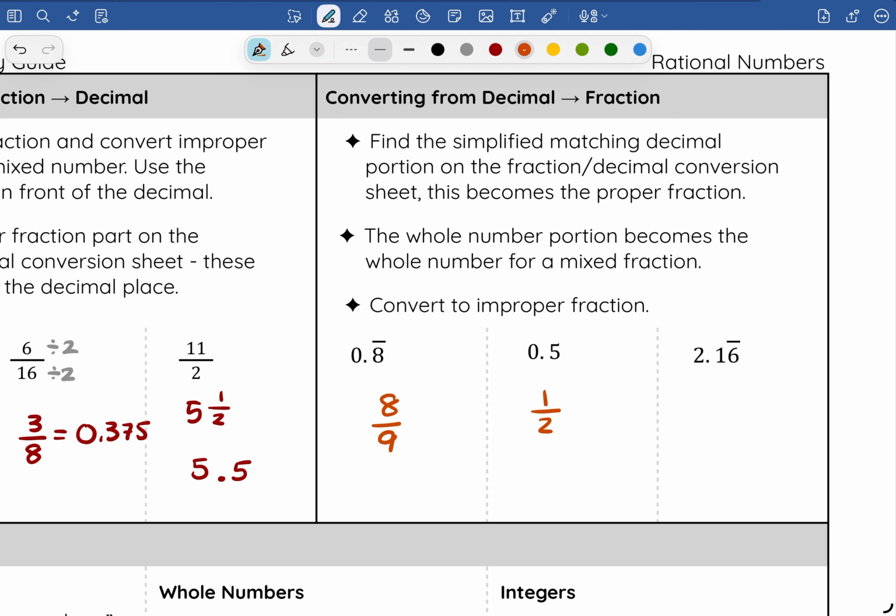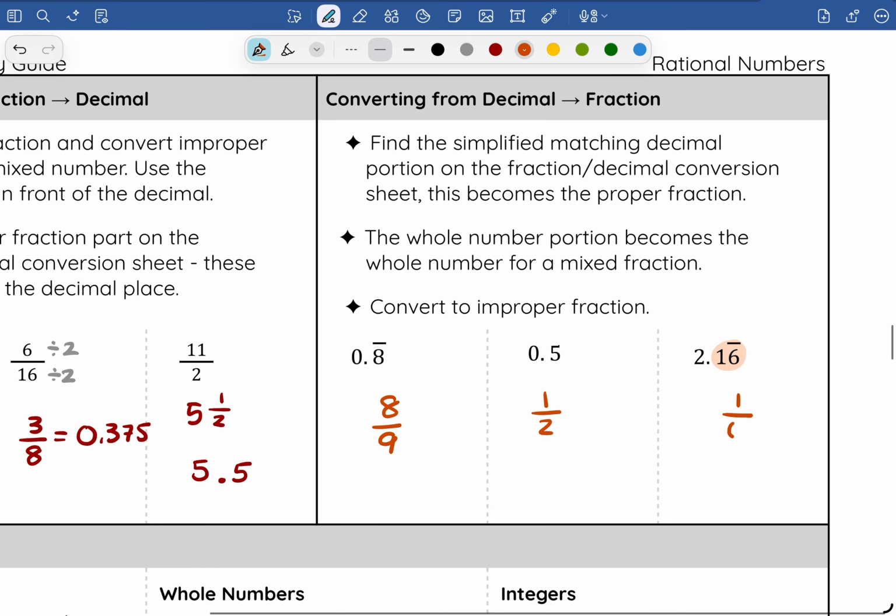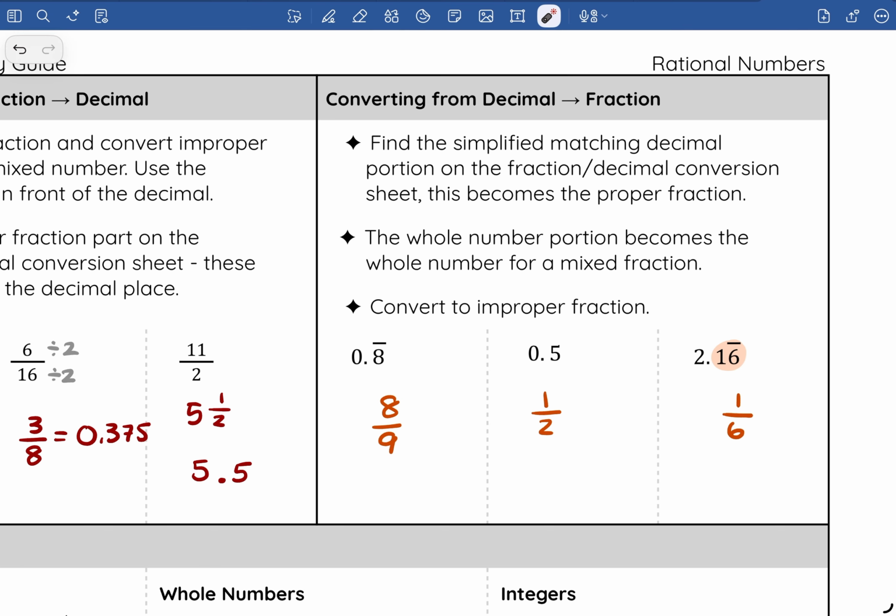So there we go. Once again, if we have something with a whole number part, we're essentially just looking for this section on our sheet. So 0.16 repeating, what would that be as a fraction? 1/6. So this gives us the 1/6. And then just like we had over here where we had this 5 hanging out in front, this 2 in front will be a whole number 2.